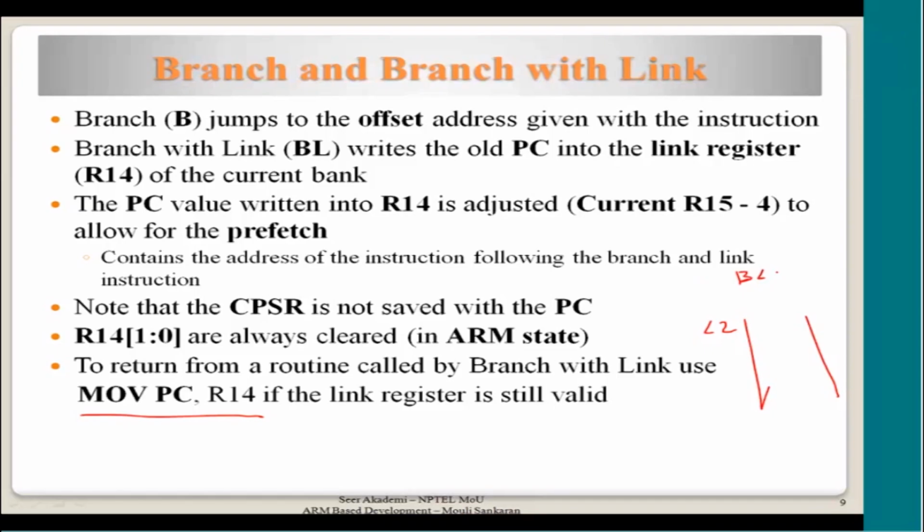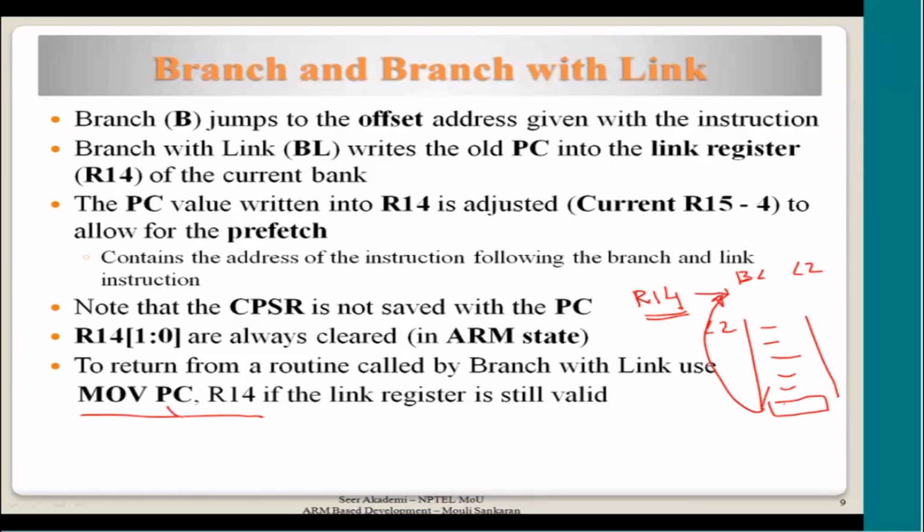BL L2, the processor control came here and starts executing. I told you that the address next to BL is saved in R14. Now wherever this function ends, you should write some code for the control to come back here. What is that code? That is what is given here.